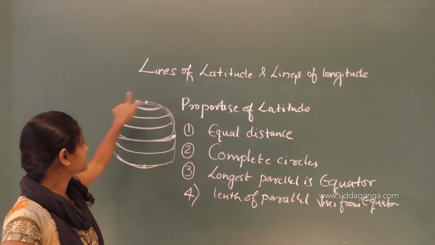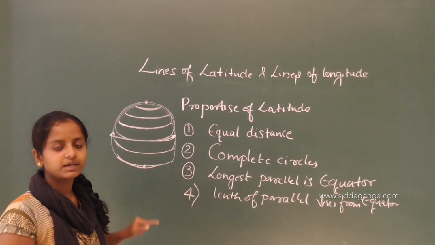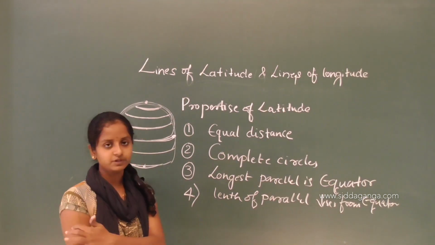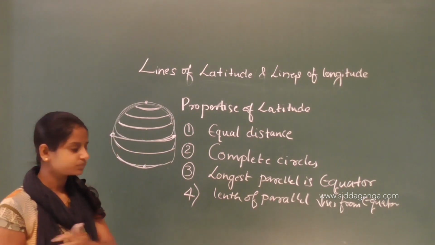So this is a big circle, but the other parallels are small circles. So these are the properties of latitude.